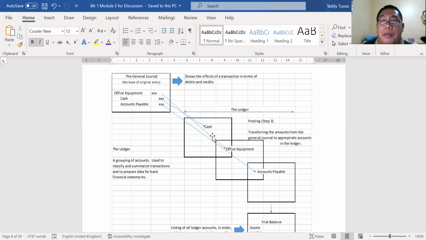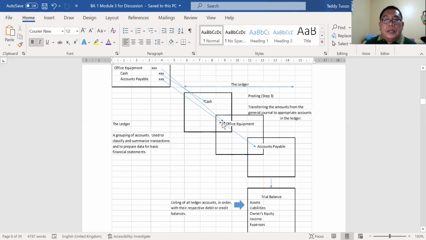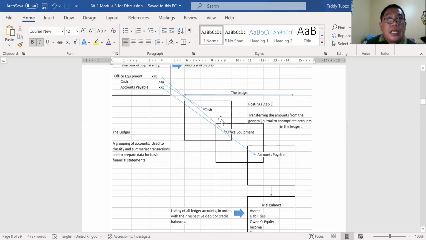So the general ledger now, because that is the most acceptable, the real life recording, the ledger and not the T account. In our T account, all account titles are assigned with each separate T account, same as the general ledger. After the posting, remember in our T account, we determine the balances.